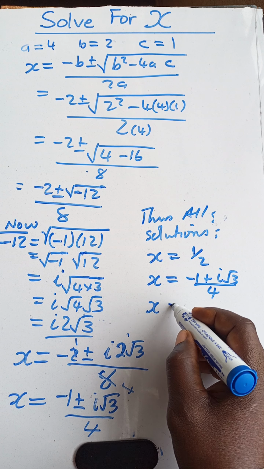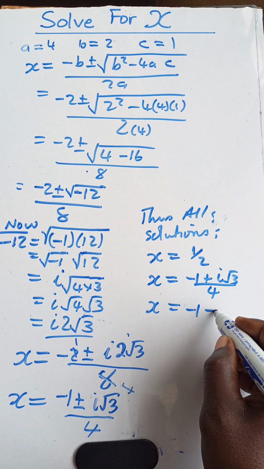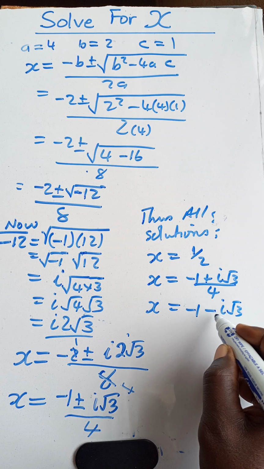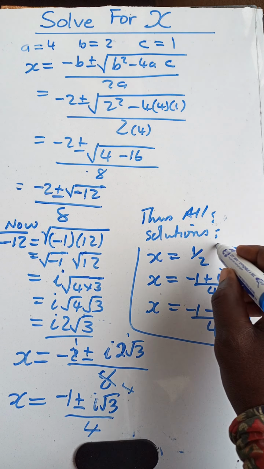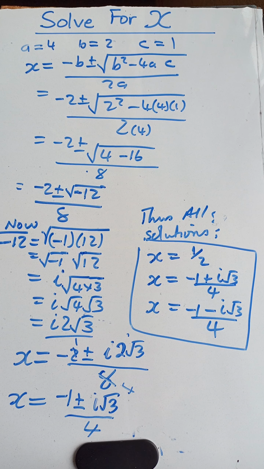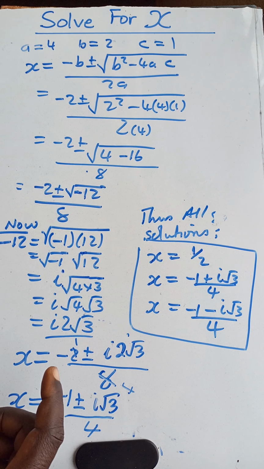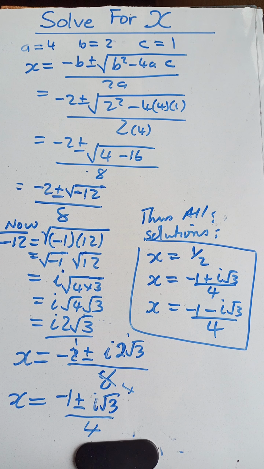And the third solution, x equals negative 1 minus i root 3 all over 4. These are the three solutions of the cubic expression that we had, and which also translate to the solution of the equation involving logarithm that we had at the beginning.